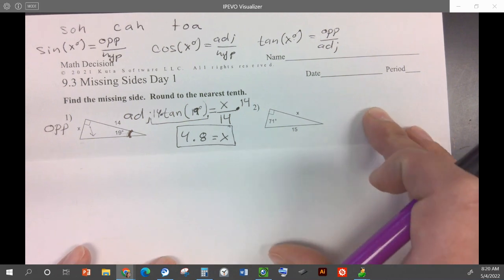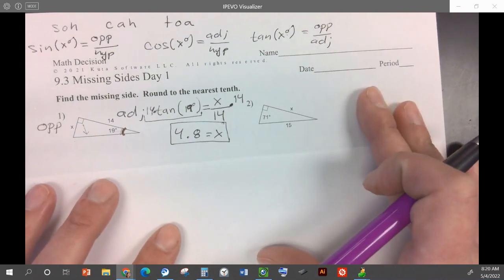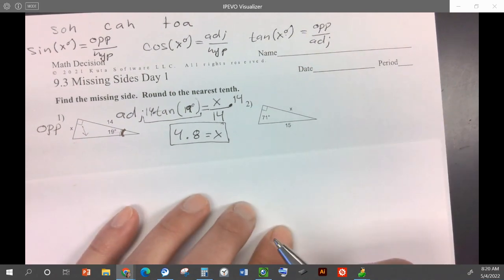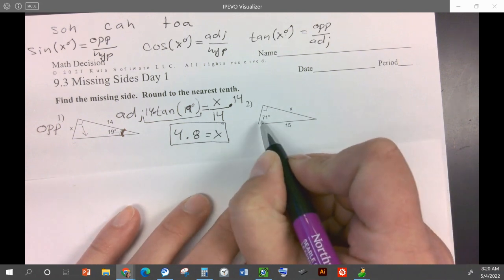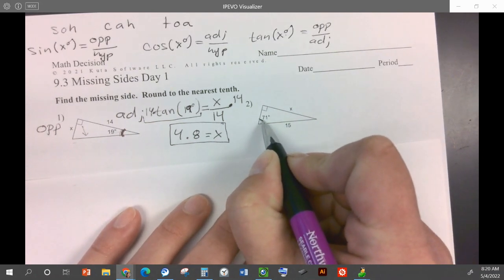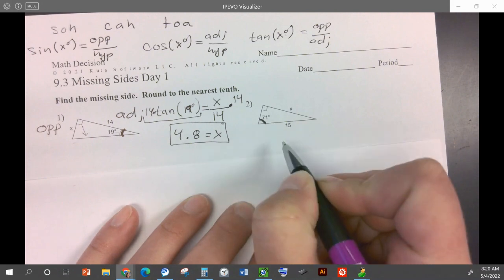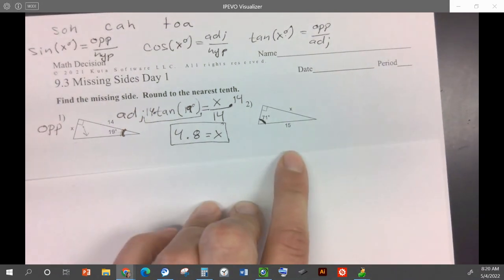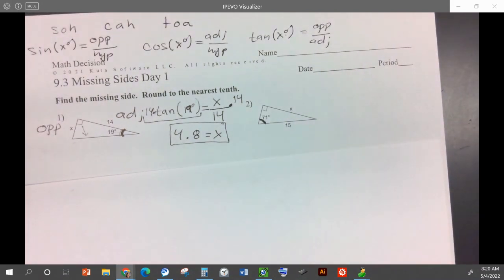Go ahead and try number 2. First, take a minute. We're using angle 71. It's kind of hard to see sometimes. This angle's in this corner. Go ahead and label the sides that we have based on the angle 71. Take a minute to do that, and then we'll talk about what it should be.